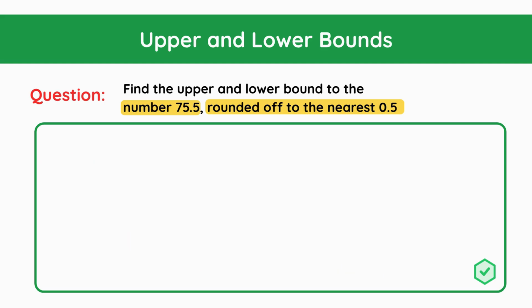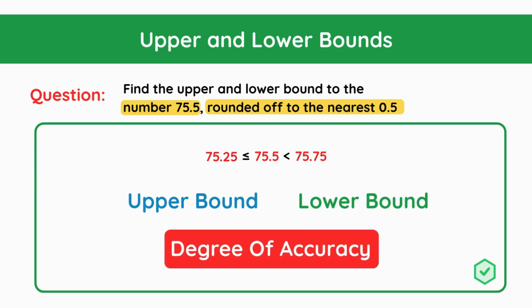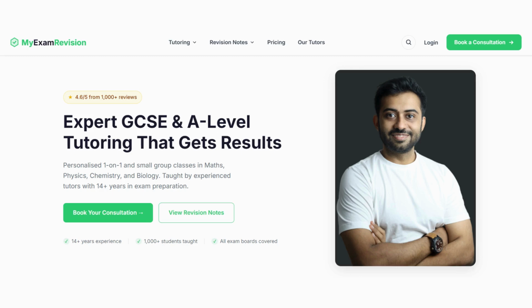So we write 75.5 is greater than or equal to 75.25 and 75.5 is less than 75.75. So this completes part 1 of the video. After this section, you should now feel confident finding the upper and lower bounds of a single number for any given degree of accuracy.